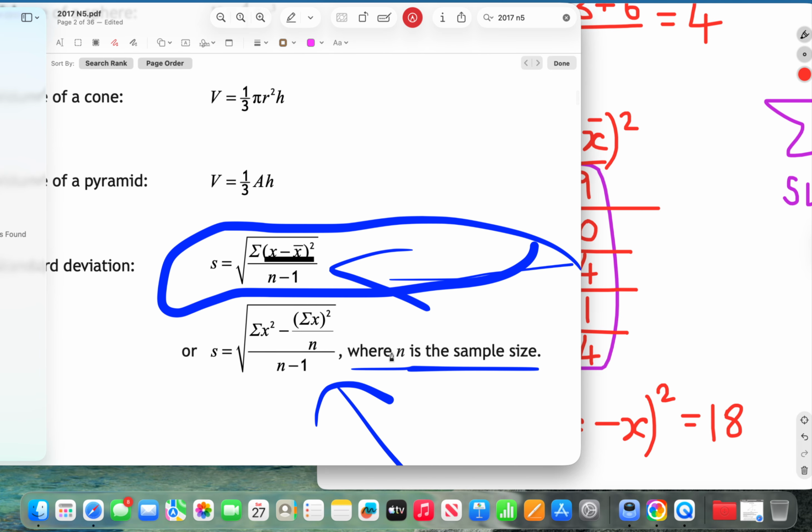We have n is the sample size. Now we have the second equation, but the second equation I find is really confusing, so we're going to stick with the first one. The second one does cause a lot of issues. I can explain it, but I recommend not doing the second one because most teachers teach the first one because it generally is easier to explain.